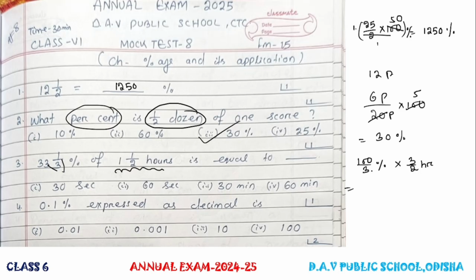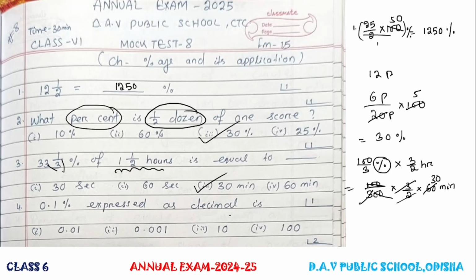Now 100 by 3 percentage we can write as 100 by 300, because percentage means divided by 100. So 100 by 300 into 3 by 2. Now 1 hour, how many minutes? That is 60 minutes. Now the answer will be in minutes. So cancel the zeros, cancel 3, and 2 times 30. So the answer is 30 minutes. So option number 3 is the correct answer. Next question.